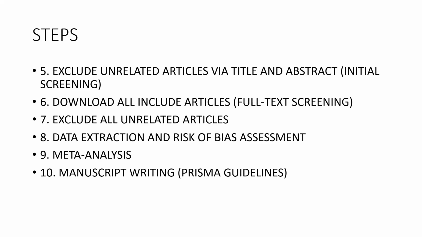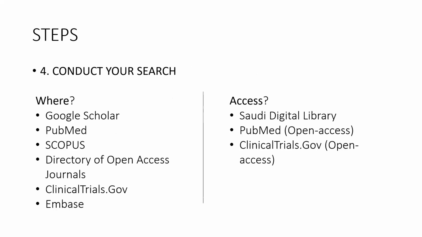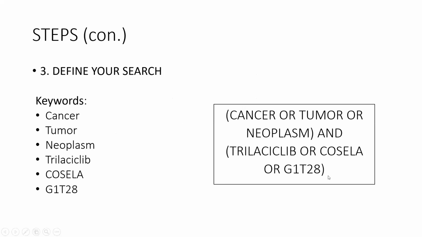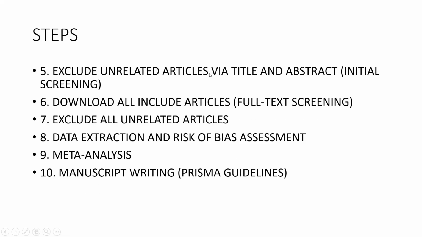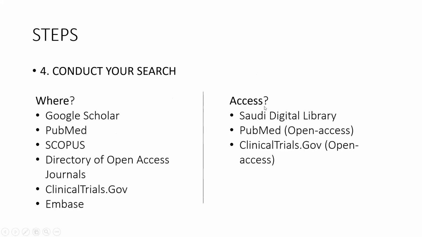After you do your search using this sentence, you're going to have an Excel sheet, right? You're going to have different results in PubMed, let's say. What you do is download all of these different search results using Excel, and there is a way by which you could do that. Eventually you're going to have an Excel sheet with all of the titles that showed up in your search results.